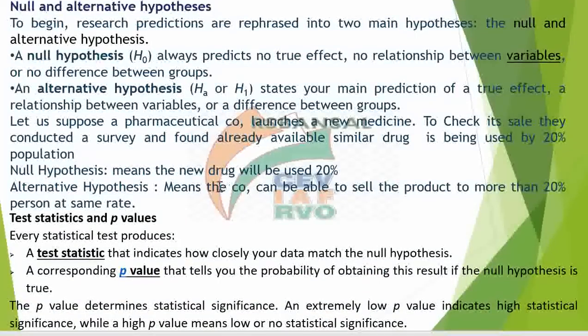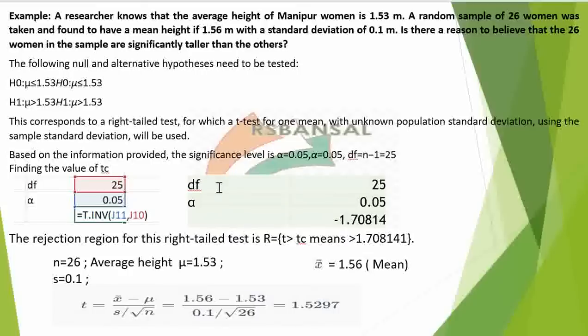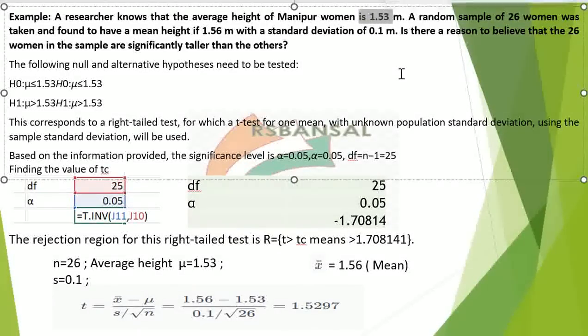Mu is the mean average height of the Manipur women, which is less than or equal to 1.53. This is just as we have already discussed in the case of the drug: the drug was already used by 20%, and the new pharmaceutical company's new drug will also be used by 20%.